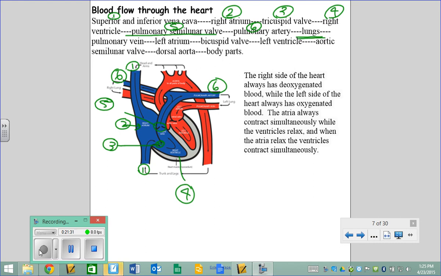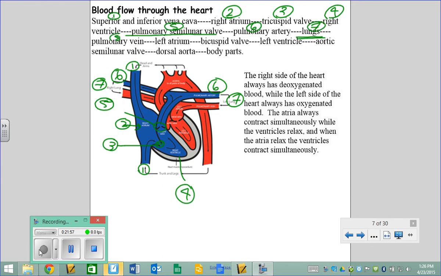Now your lungs are not often drawn on the picture because we're focusing on the structures of the heart. But so that you know, your lung would be over here. It would be in between your pulmonary artery and your pulmonary vein. So an artery would go into your lung, a vein would come out. So your lungs would be number 7.